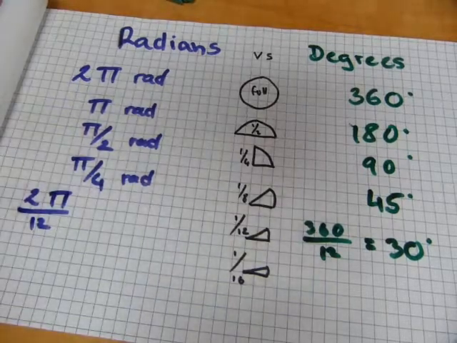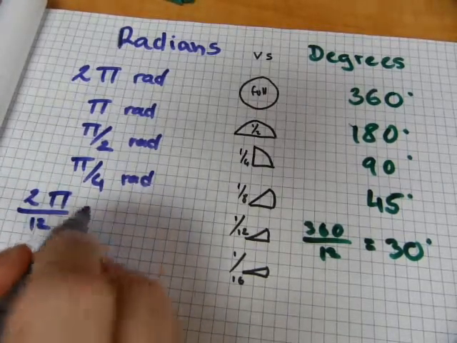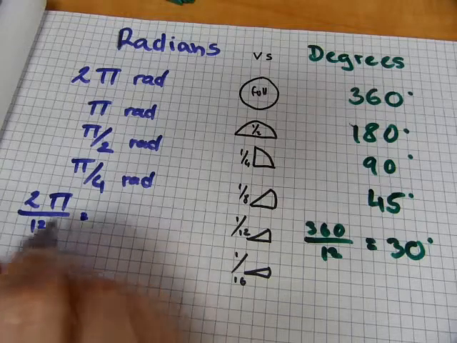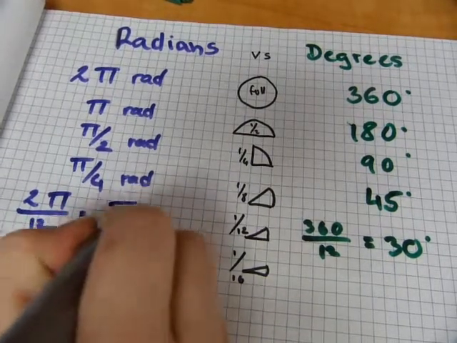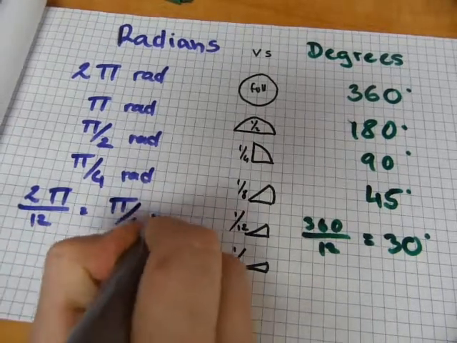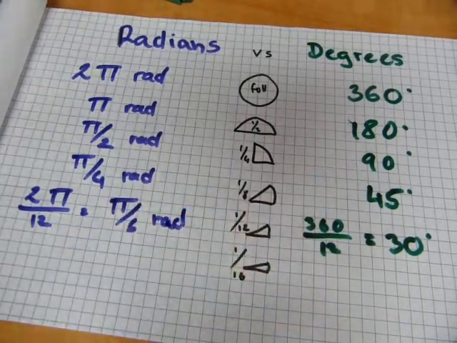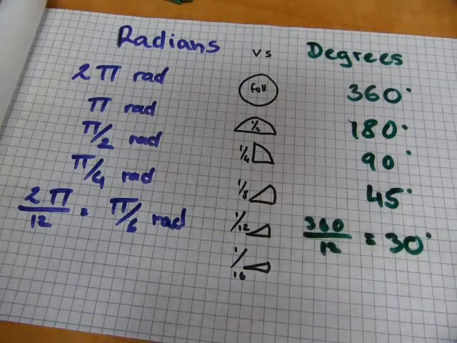What's 2 divided by 12? How about 1/6? 2 over 12 is 1 over 6, alright? So I'm just going to write pi over 6 radians. That's 1/12 of a circle, or 30 degrees.